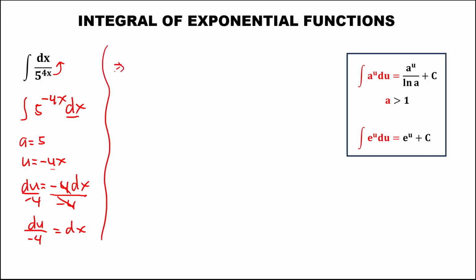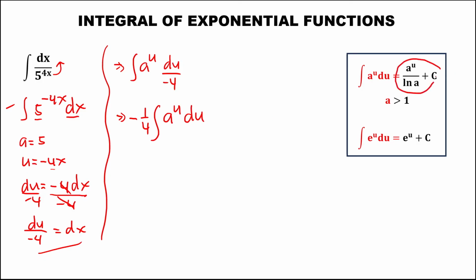Then from this equation, we have the integral of a to the power u, and dx is du over negative 4. Then put this denominator negative 4 outside, so this becomes negative 1/4, then the integral of a to the power u du.